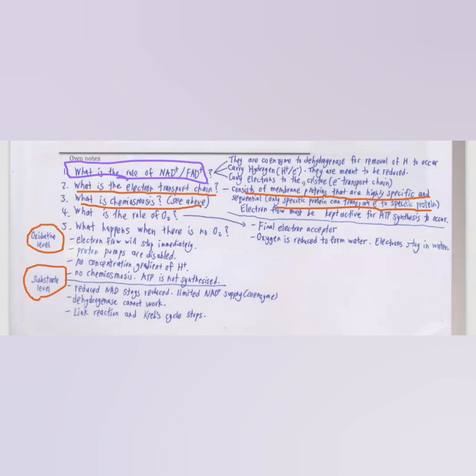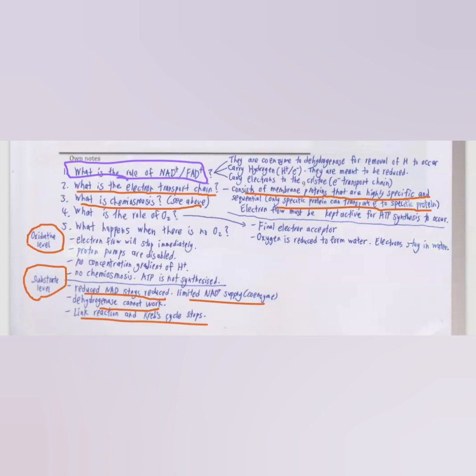So reduced NAD stays reduced, so no free NAD and no free FAD is there. So dehydrogenase cannot work. Dehydrogenase enzymes are present in the inner membrane cristae. So no oxidation of reduced NAD and reduced FAD, no link reaction, and no Krebs cycle. So this is what happens when oxygen is not available, right?